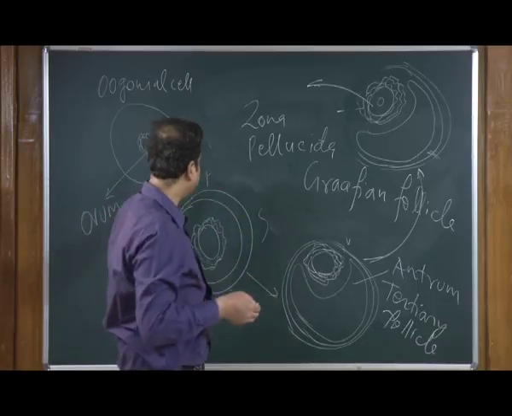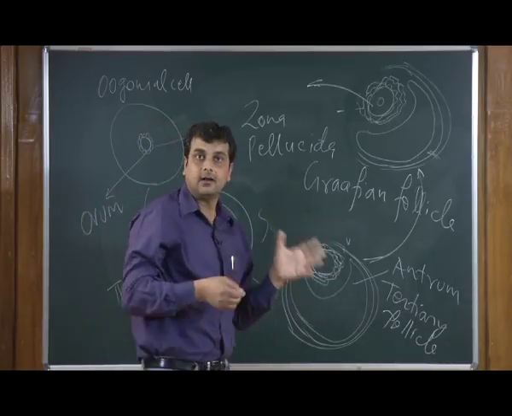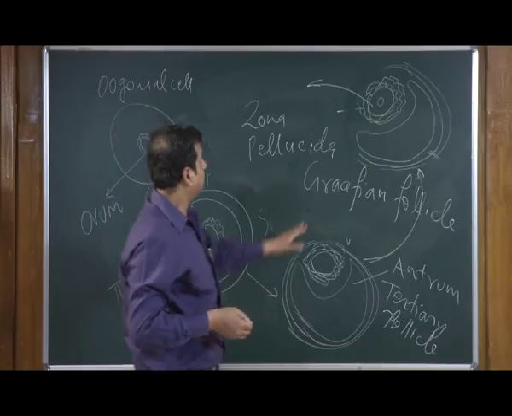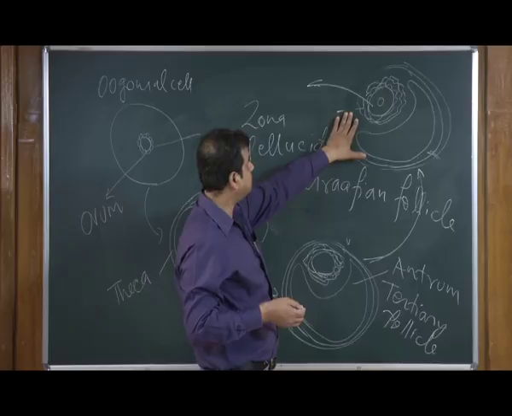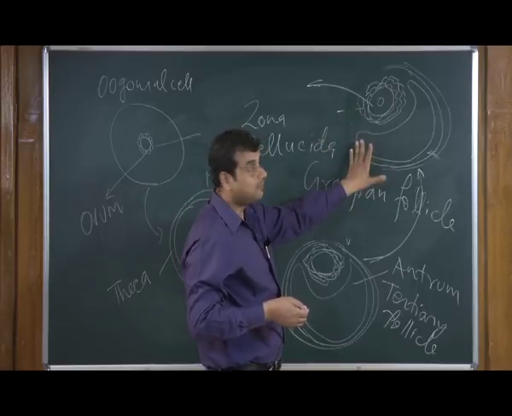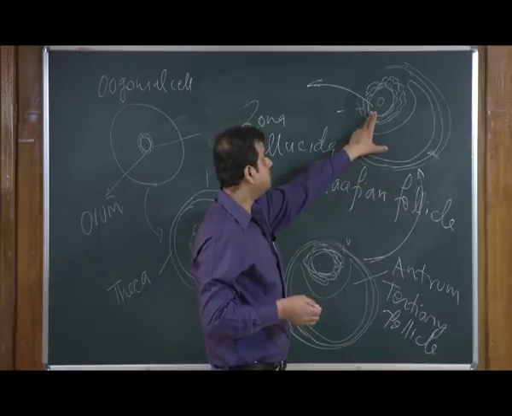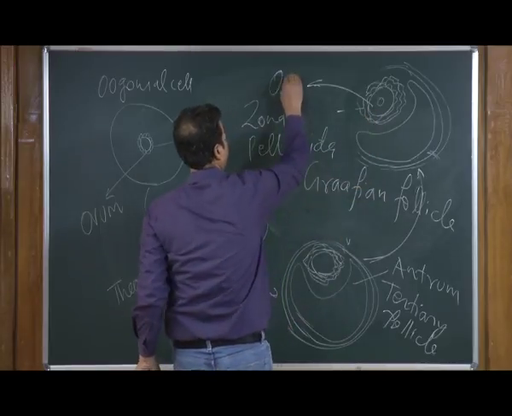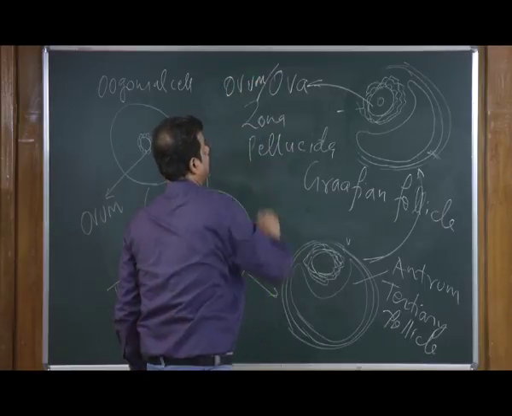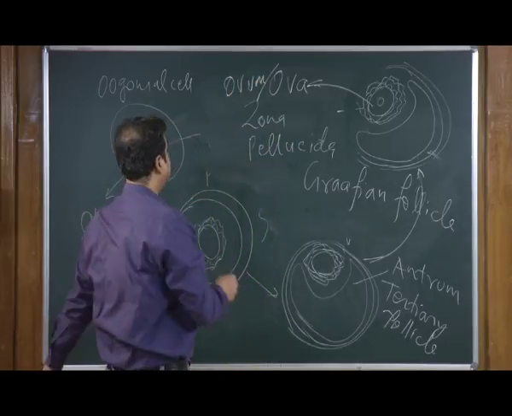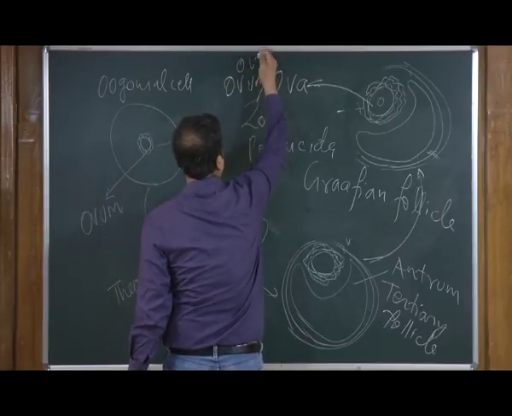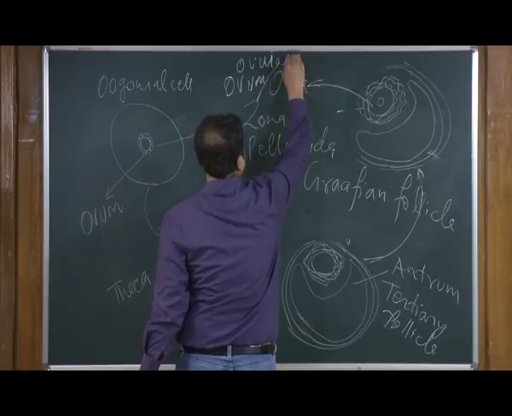This whole process is under the high regulation of different hormones, which we will discuss later on. The rupturing of the outer layer of the Graafian follicle will release the ovum out into the environment, and this whole process is called ovulation.